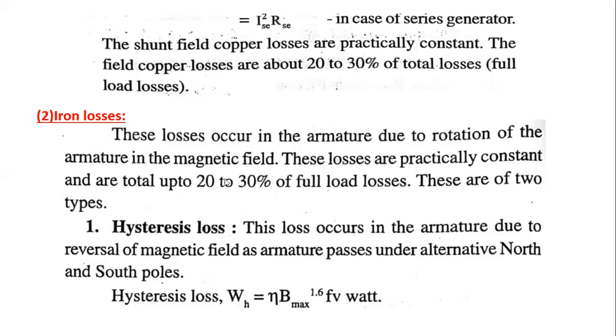These losses are practically constant. Then these iron losses are classified into two types, that is hysteresis losses and eddy current losses. Hysteresis losses are obtained due to the reversal of the magnetic field as the armature passes under alternate north and south poles.